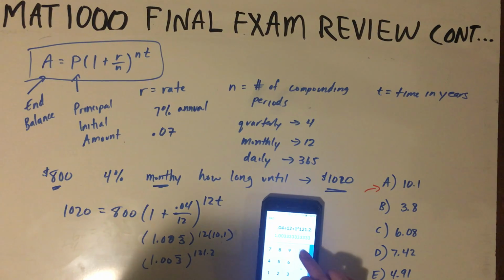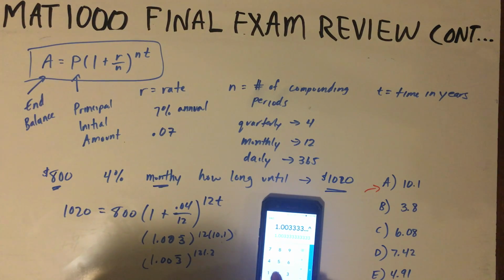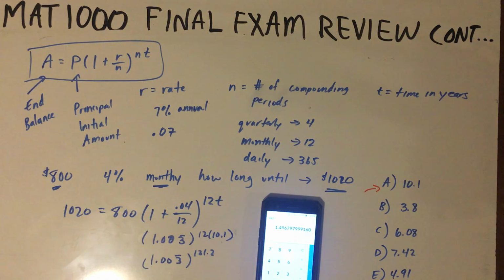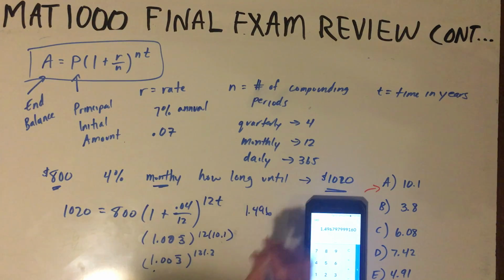Let's calculate this answer here. Get the equal to, and then raise it to the power of 121.2. So we get this magic number of 1.496, and again, we're not going to round this.